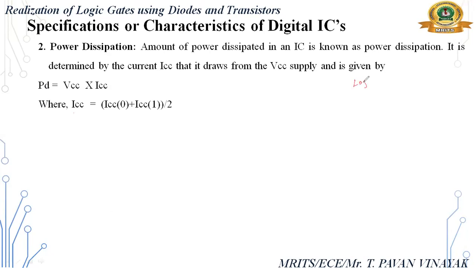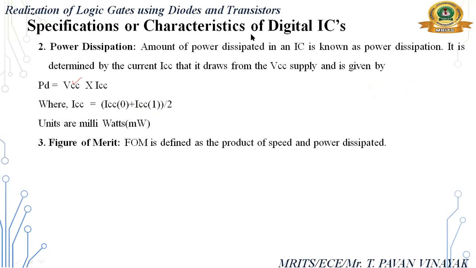Whenever logic 0 is applied, the total current available in IC, plus whenever logic 1 is applied, the total current available in IC, we take the average of this. VCC is fixed, 0 or 5 volts. That is common.